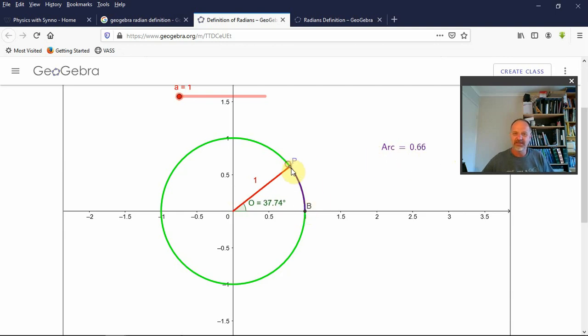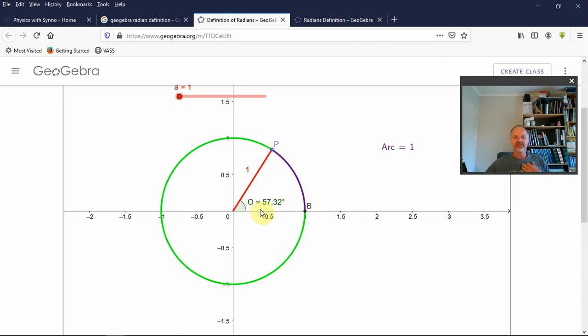So if I take this and I drag this, that changes my angle in the middle and changes my arc length. So I'm going to come around here and I'm going to go up here. Keep going. Let's get an arc of 1. So in our unit circle here, that's a length of 1 around there.